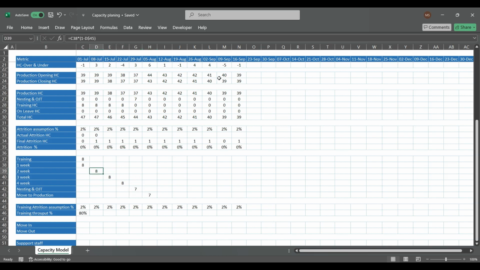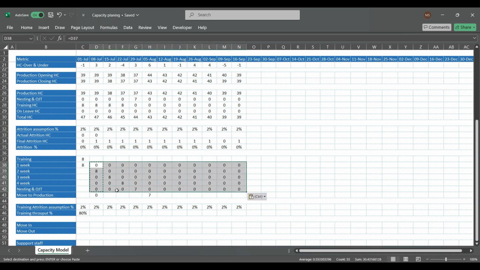I'll move the same thing here. That's perfectly fine, and we'll also add the same formula here, and after that I'll distribute this one, and now you can see this.